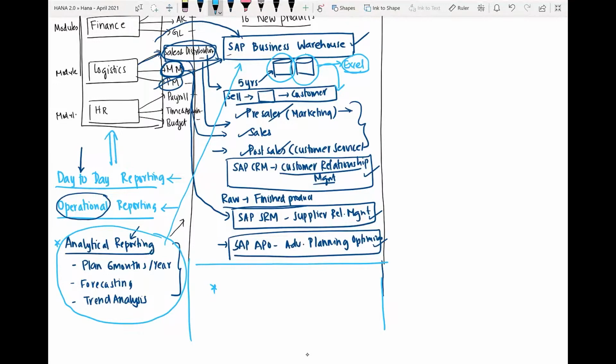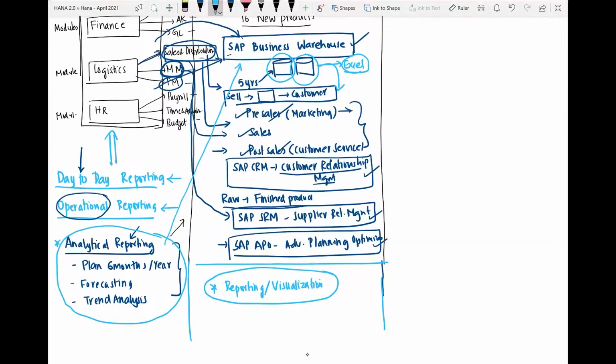So if an organization bought SAP products, for the reporting, they still needed to go out of SAP and go to a third-party reporting tool and get those tools to run the reports. So the reporting or the visualization capability was lagging within the SAP platform.